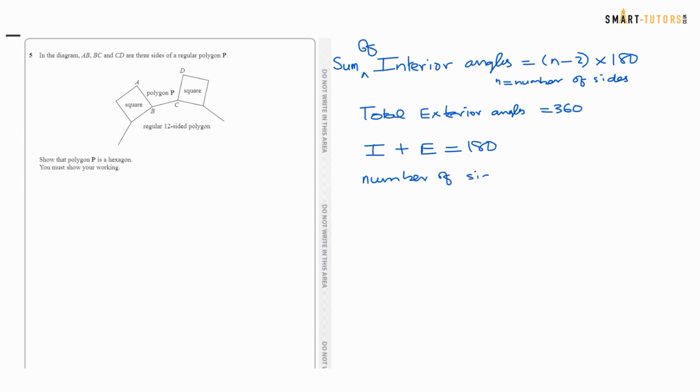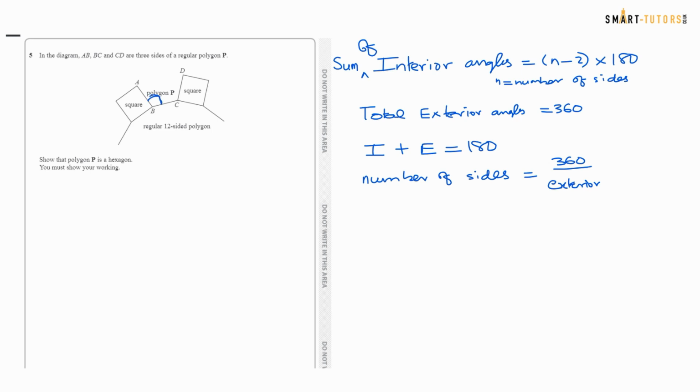Number of sides equals 360 over one exterior angle. So these are the formulas you need to remember. So let me apply these equations.